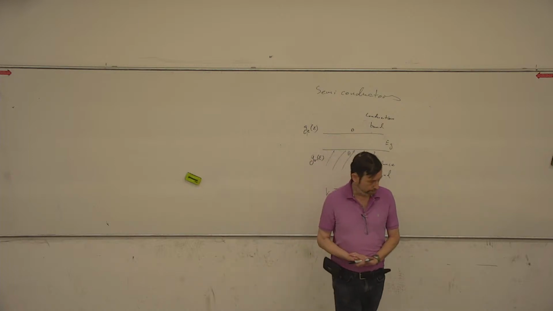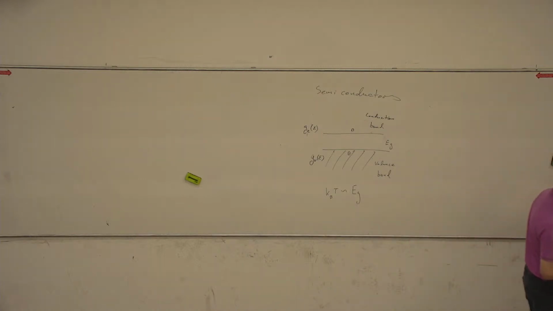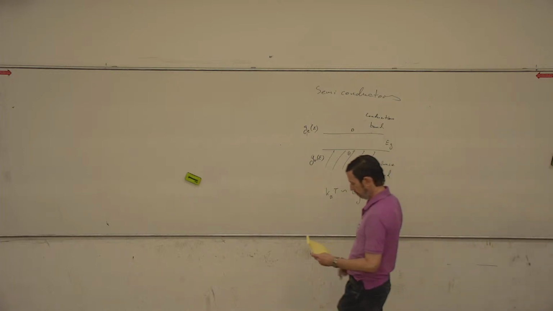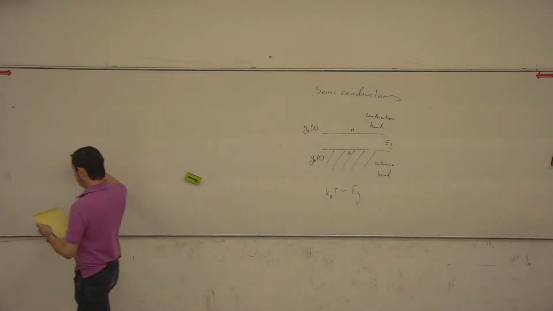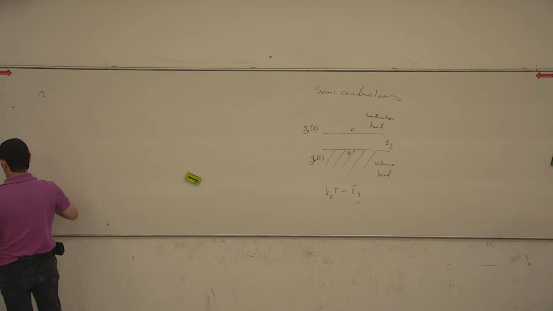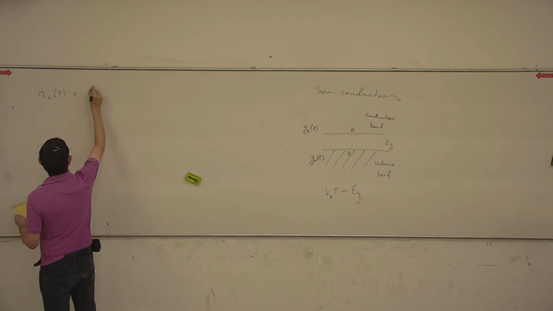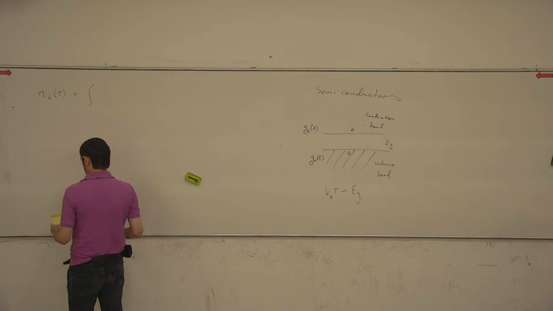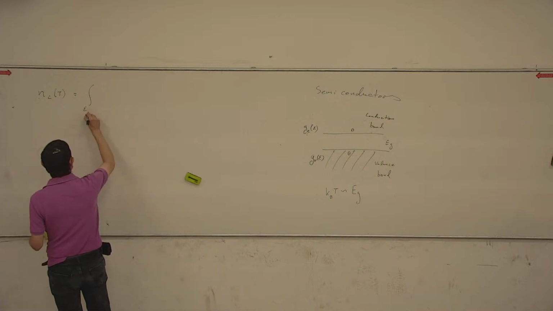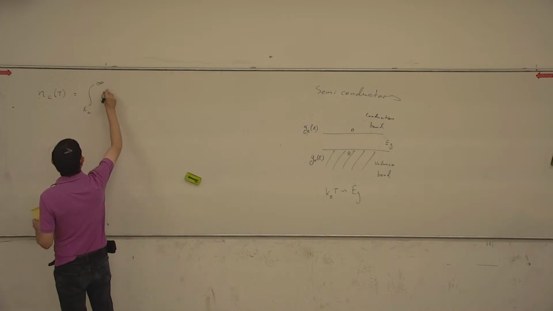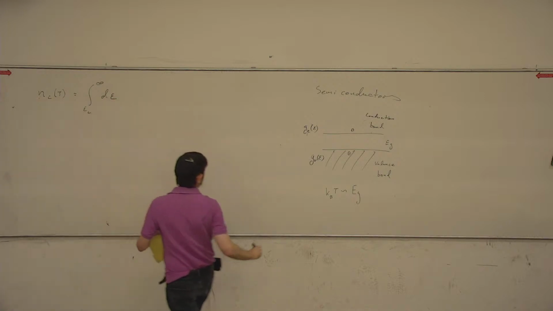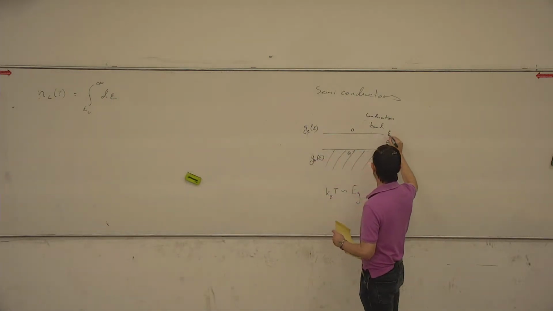Okay, so basically the number of electrons in the conduction band as a function of temperature: I integrate over all the energies between EC and infinity.